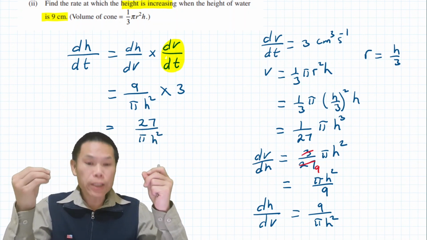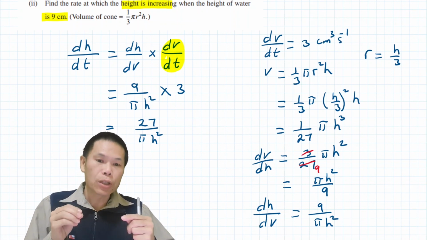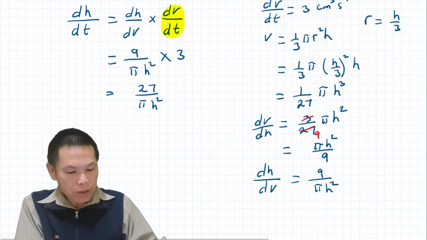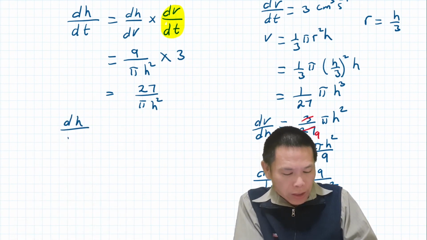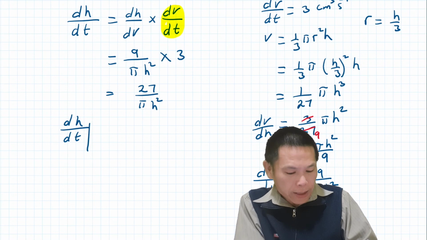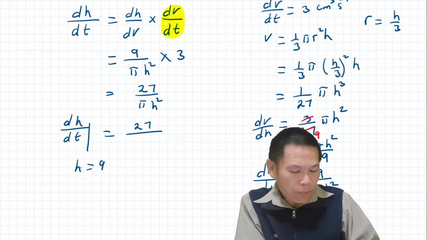Then we need to find the rate when the height is 9 centimeters. So dh/dt at h equal to 9 is 27 over π times 9 squared, which is 81.